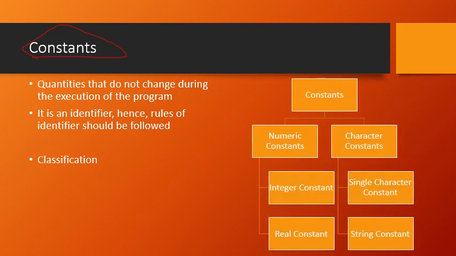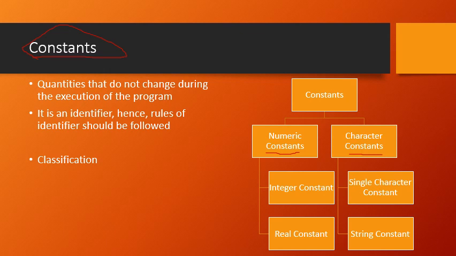Okay, so the classification of constants can be like this. Constants can be broadly categorized into numeric constants and character constants. As the name suggests, numeric means it consists of certain numbers, and character constant means it consists of certain characters or alphabets. A numeric constant can be an integer number, meaning a whole number, or a fractional number.